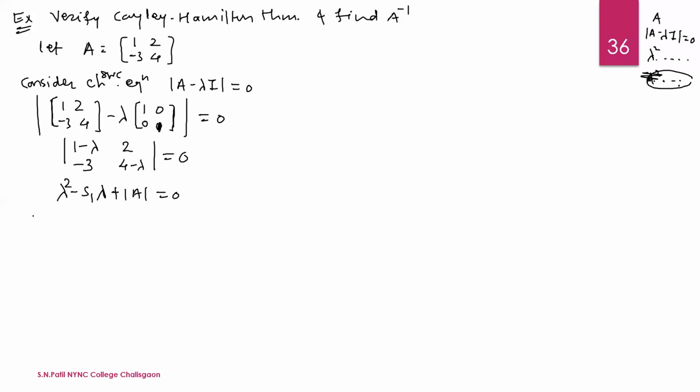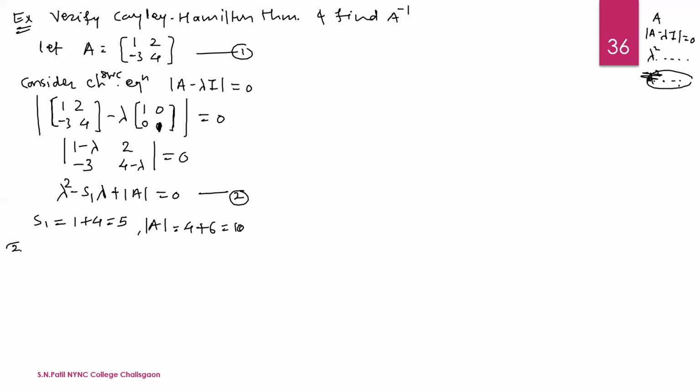Okay, say equation 1, equation 2, where s1 is a trace, meaning sum of the diagonal elements, 1 plus 4 is equal to 5. Now the determinant is 4 and minus 6 and minus 9, that is plus 6, is equal to 4 plus 6 is equal to 10.